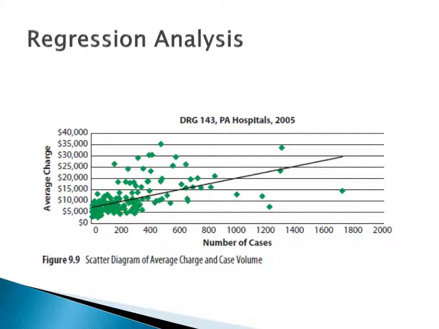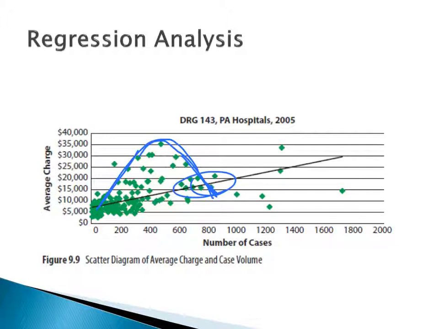So here's a scatter plot diagram that we've done something similar before, and there definitely looks like there is a relationship here between the average charge and the case volume. And frankly, I thought this was not a very good example from the book, because we kind of peak up here, and it almost makes you wonder if as we get higher in cases, there isn't some economy of scale as we get down in this range, right?